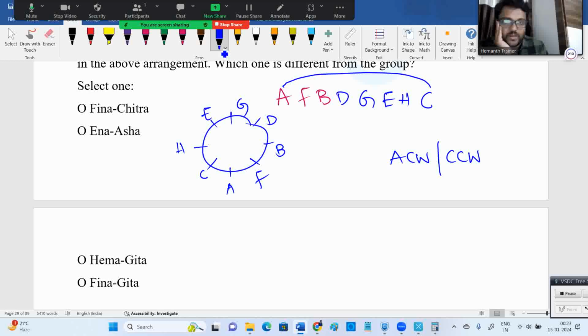Generally it will be like clockwise or anti-clockwise going will happen. Here somehow they filtered. Let me check. What's the other thing? Putting in an order A, B, C, D, E, F, G, H. Okay.